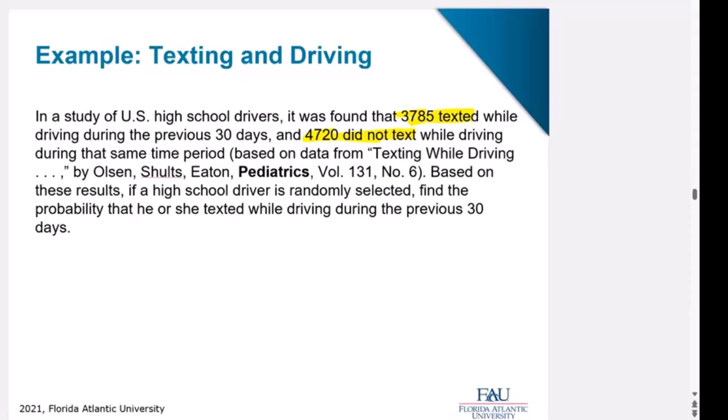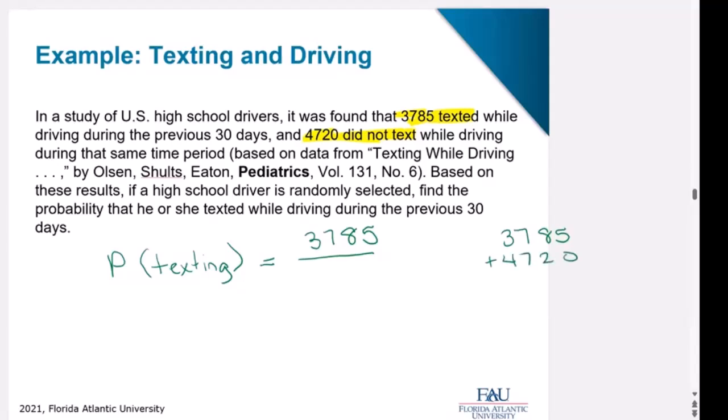We know the favorable outcomes, 3,785 students texted while driving. But we have to know the total that we're taking that from. We add 3,785 plus 4,720, and we get 8,505.